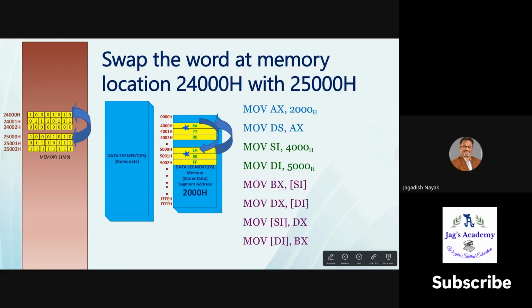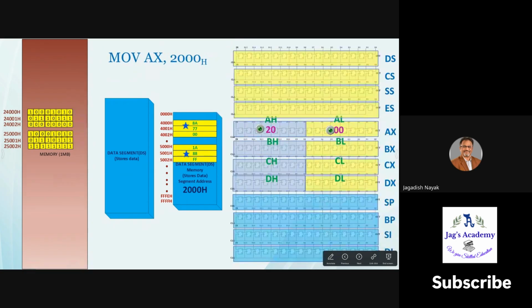Swapping a word from one memory location to another memory location, and also swapping a block of memory from one block of memory locations to the other block of memory locations.